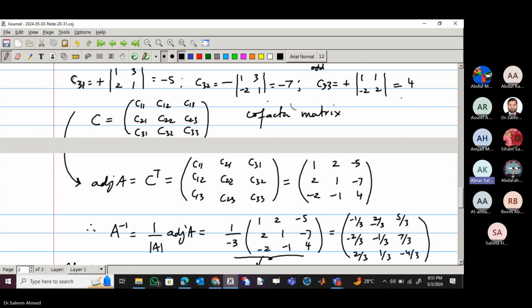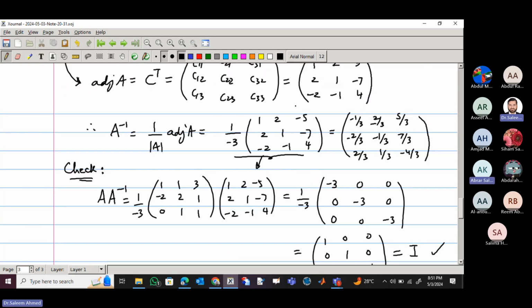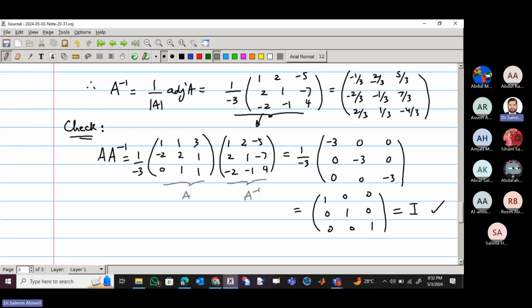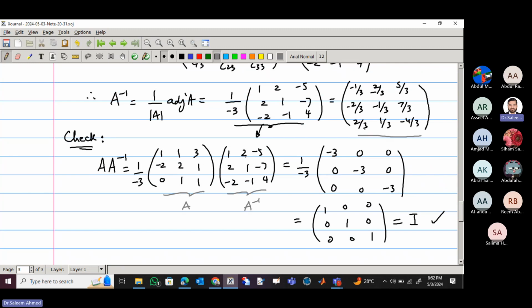Can you repeat the check? The check is just the multiplication, right? What I did, I wrote a matrix A here, and I wrote the matrix A inverse. A inverse was 1 by 3 times this matrix, but multiplying by 1 by 3 and adding it will be difficult. So instead of writing this inverse, I wrote this inverse.